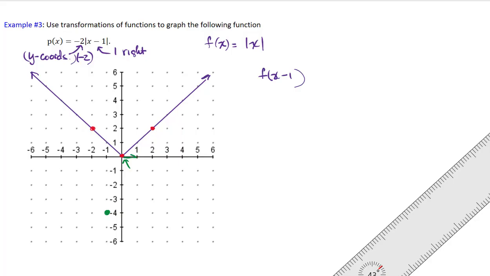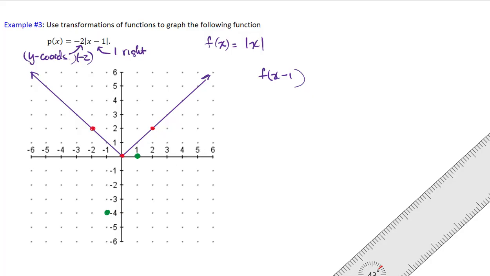So shift 1 unit to the right. It's now at 1, 0. And now take the y value there, which is 0, times it by -2, which remains at 1, 0.